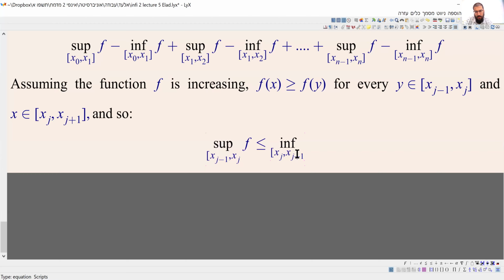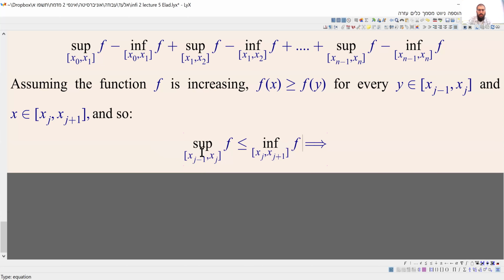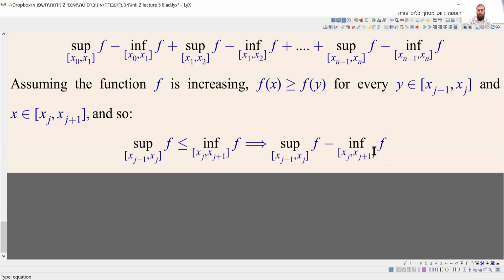Again, intuitively, it's just the values on the ends of every subsegment, because we don't know if the function is continuous. So write it down that way. Which means that the difference between them is not positive.